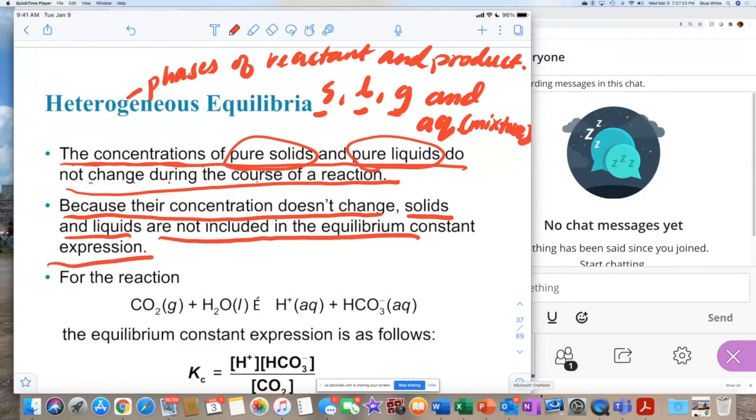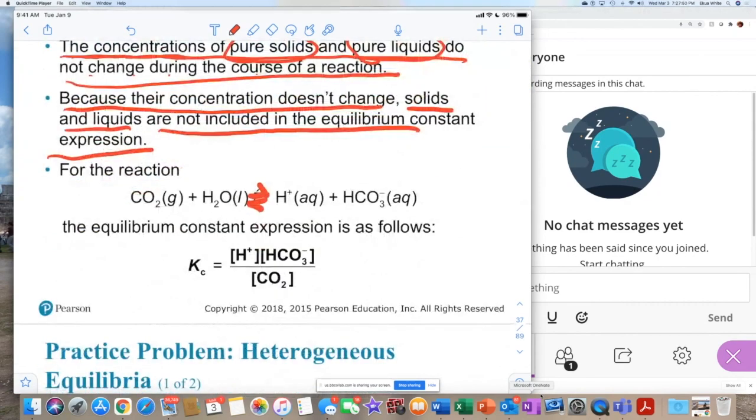When you're dealing with equilibrium reactions, the amount of solids that remain as solid, and don't get dissolved to form aqueous, and liquids do not change much. So what they're saying is leave them out of the equilibrium expression. Or I'll just say for solids and liquids, you can write the number 1 if it applies. So here I have my equilibrium expression again. Let me go ahead and copy this.